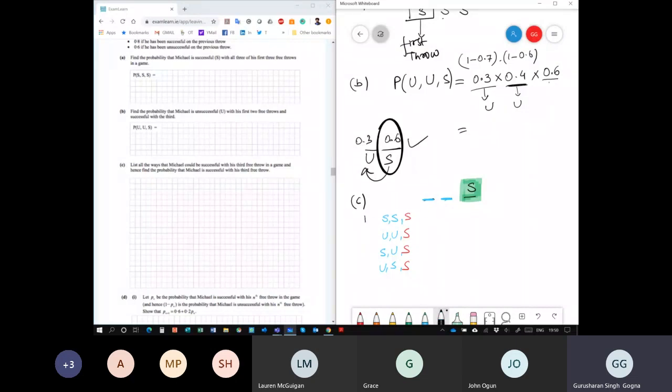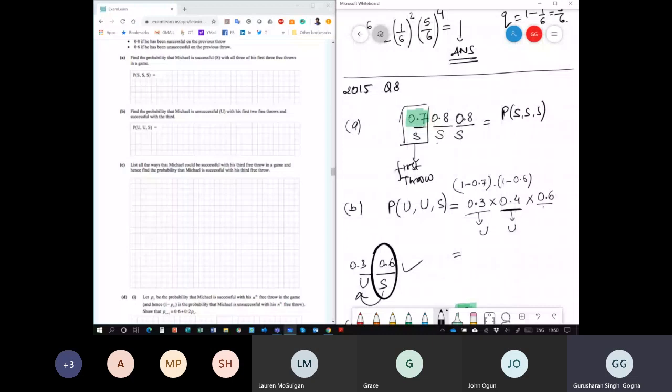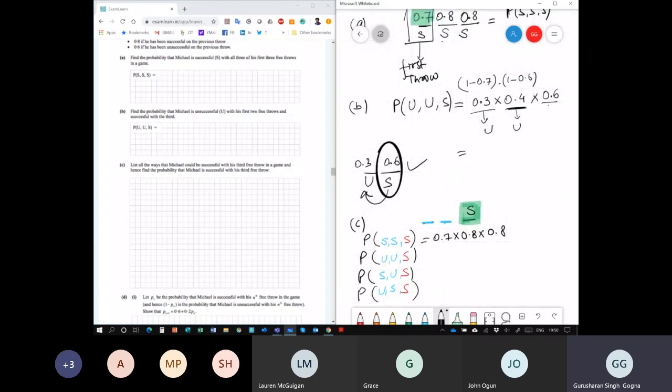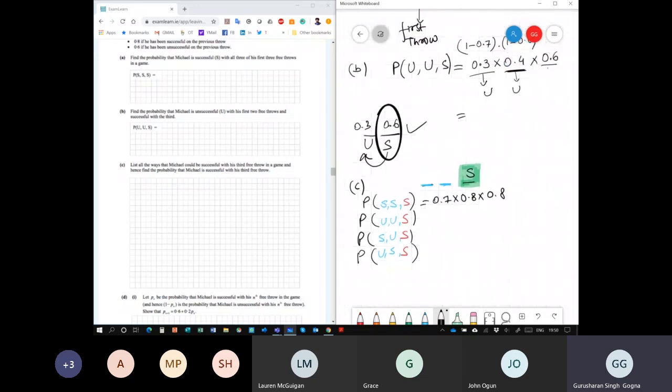So all you need to do is find out the probability of this, this and this. So what is the probability of success? We already calculated here, which is 0.7 by 0.8 by 0.8. So I'll write down directly like this. And there is one more we already calculated, which is unsuccessful and successful, which is UUS part B, which is 0.3, 0.4, and 0.6.